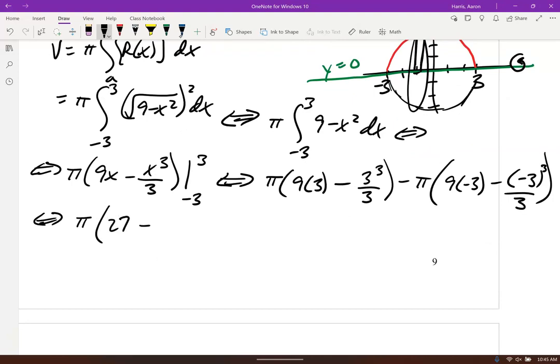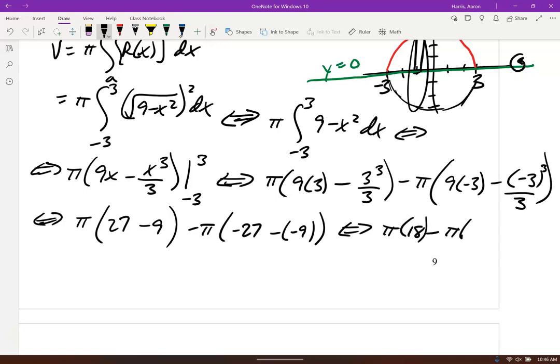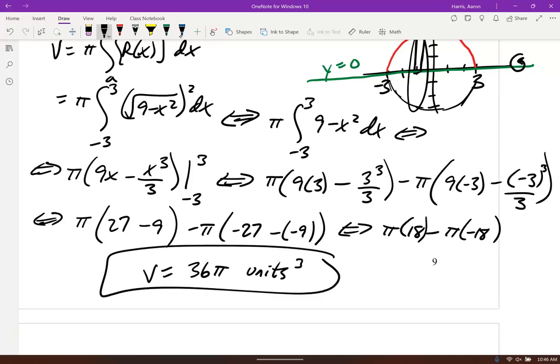Let's see, 27 minus 9. Looks like we got 18 pi plus 18 pi here, 36 pi units cubed on that.